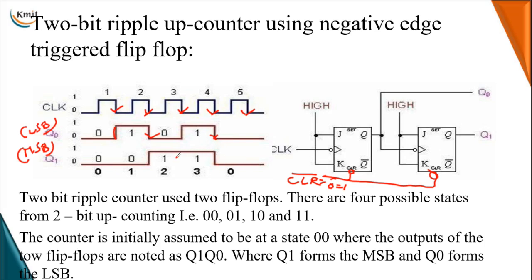Like this, you have the toggle state from 0 to 1 when the negative edge comes from the output of the first flip-flop, the least significant bit, at the input of the second flip-flop. Now, observing here, when it is reset you obtain the 0, 0 state, and on the falling edge of the first clock pulse, Q1 has a state of 0 and Q0 has a state of 1.